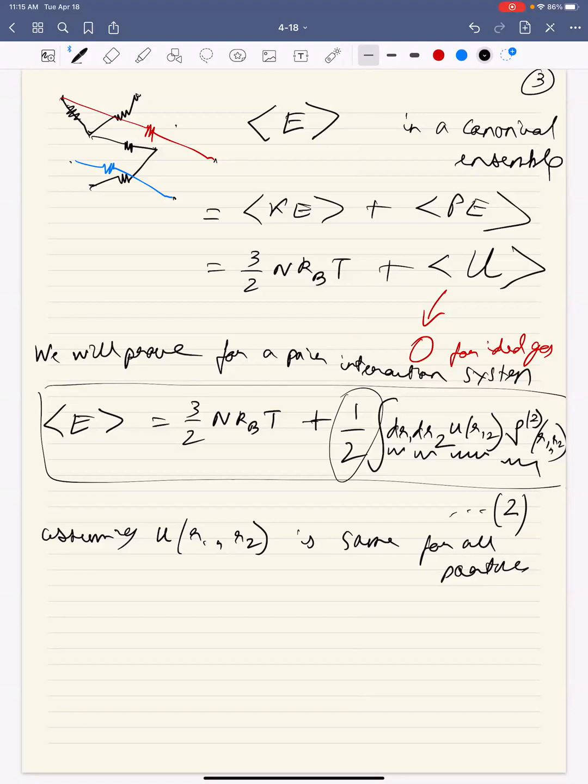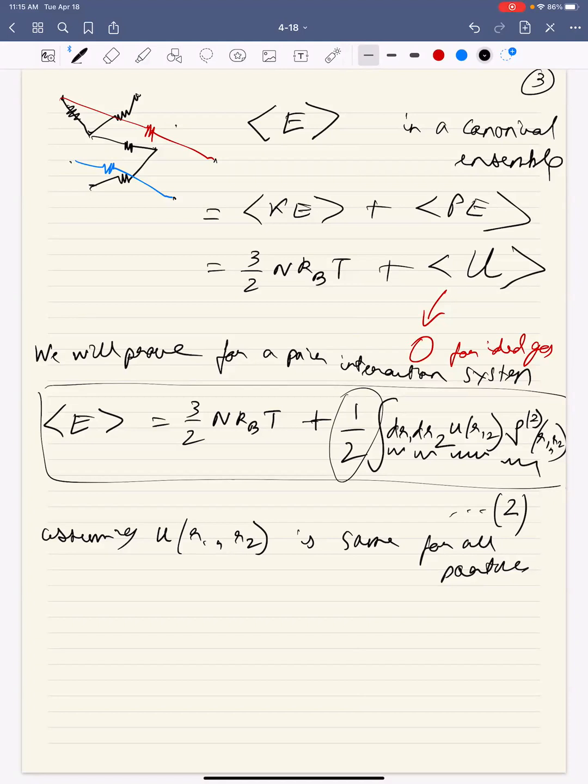Because rho 2 comes from P2, and P2 was 0 for R1 equal to R2. You cannot have two particles. But it's kind of a circular argument. P2 is 0 because U diverges, right? So P comes from U. Where did we get P? We got P from U. So U takes care of that. It's kind of funny. So let's work with the proof.